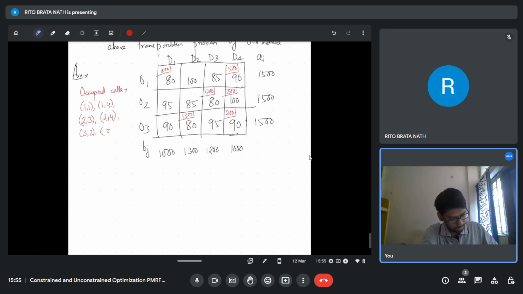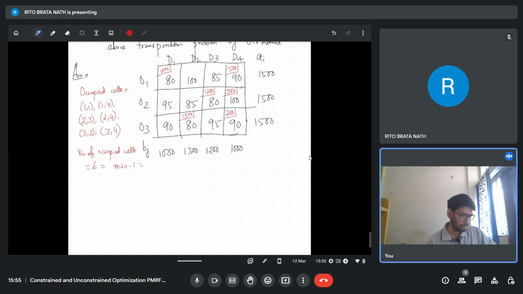So it doesn't create any cycle that you can notice through the occupied cells. And the number of occupied cells here is 6, which equals m plus n minus 1, where m is 3 and n is 4, minus 1, which is 6, right? So this is true, so that's valid.